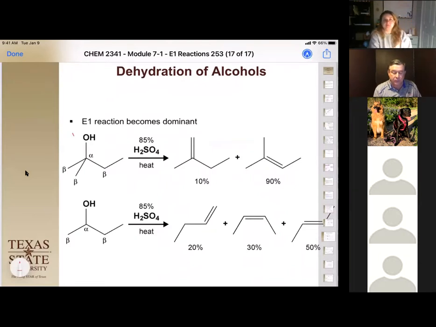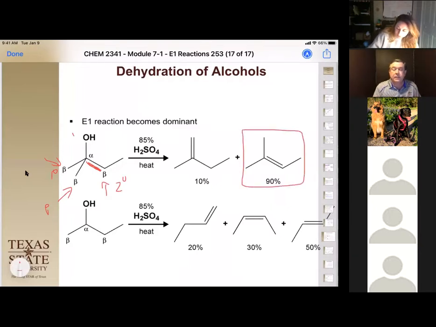And when we do that, we have a choice of this beta carbon, which is a primary, this beta carbon, which is a primary, and this beta carbon, which is a secondary. So just identifying that, we should know that our double bond is going to be formed between the alpha carbon and the secondary beta carbon. So that gives us our major product as the tri-substituted and our minor product as our di-substituted. Okay. Just using Zaitsev's rule and using the idea we want something more substituted.